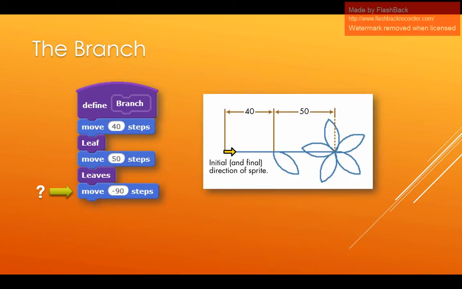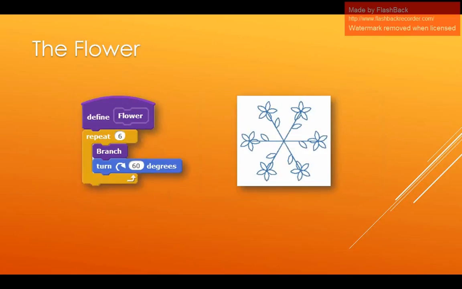So we've got our branch, and now we're going to do our flower, which is also super complicated. And we are doing 6 times 60, which is 360.